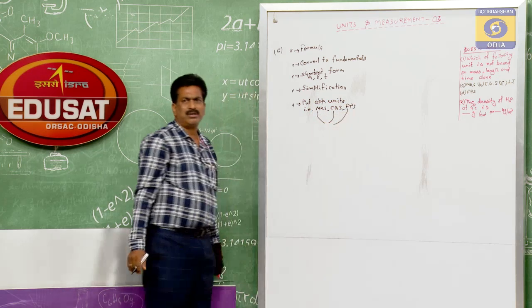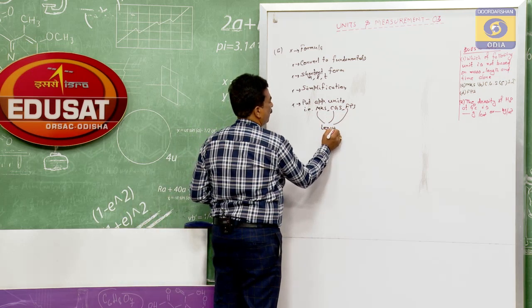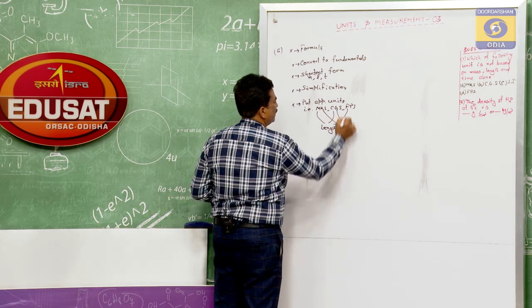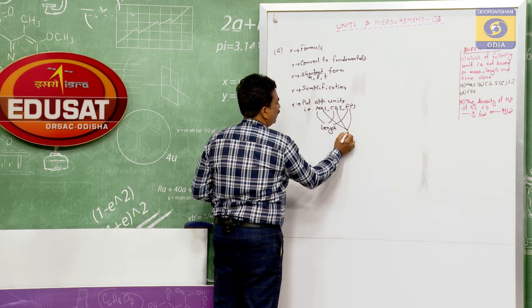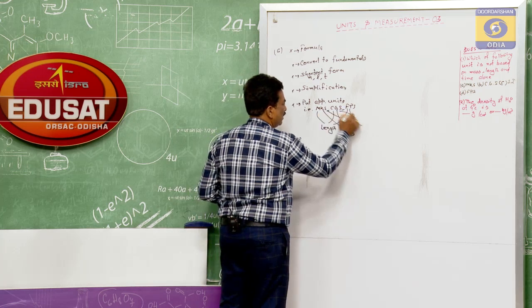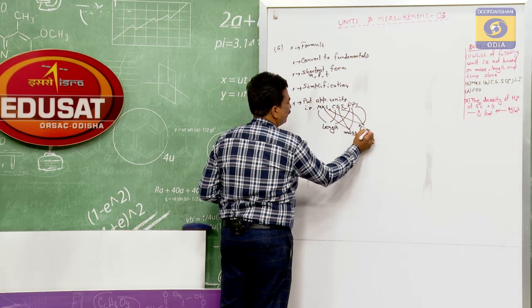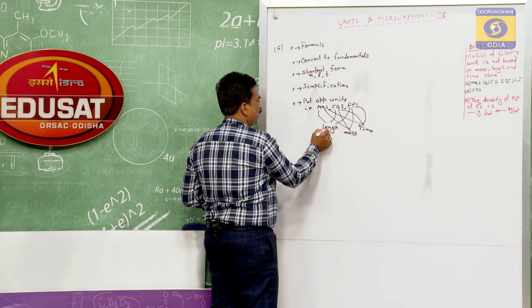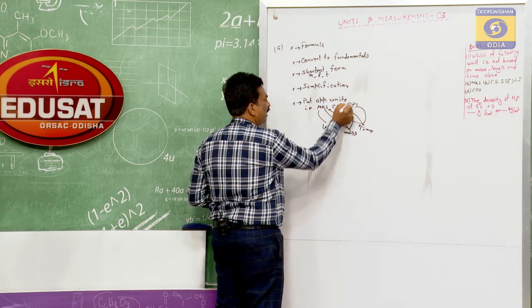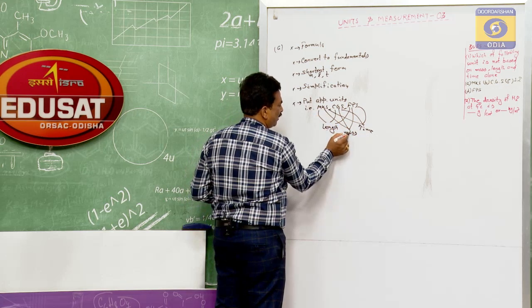M, C, F, all 3 correspond to length. This K, G and P are for mass. S, S, S is for time. M means meter, C is centimeter, F is foot. Then K is kilogram, that is the mass.